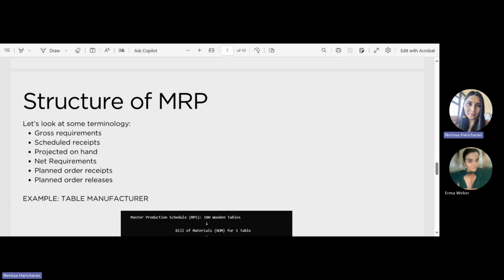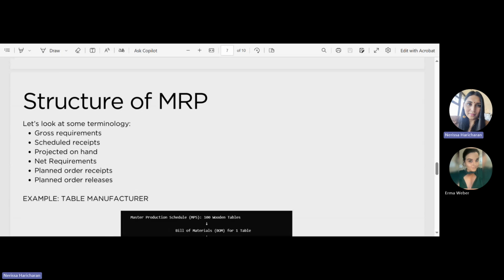And basically how the structure of the MRP goes is you need to first understand what your gross requirement is. Your gross requirement is the total demand that can be expected for either a raw material or a component in a specific time period. So your gross requirements do not take into account any stock on hand of that item.